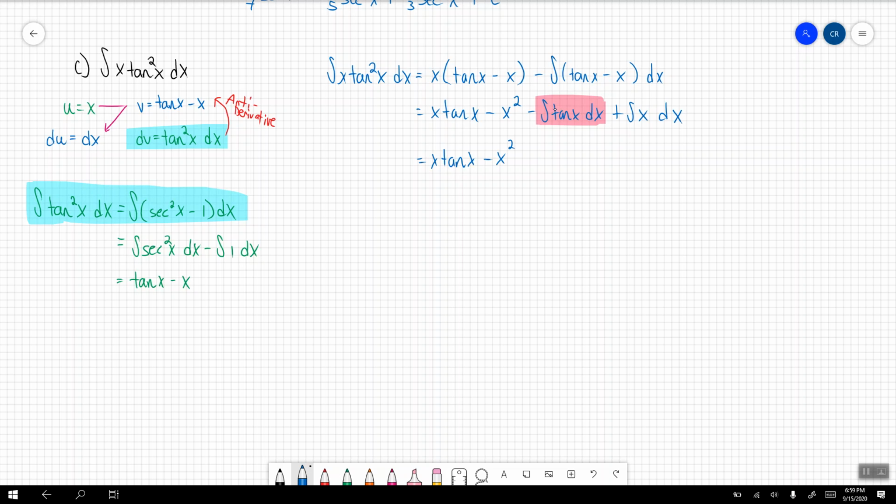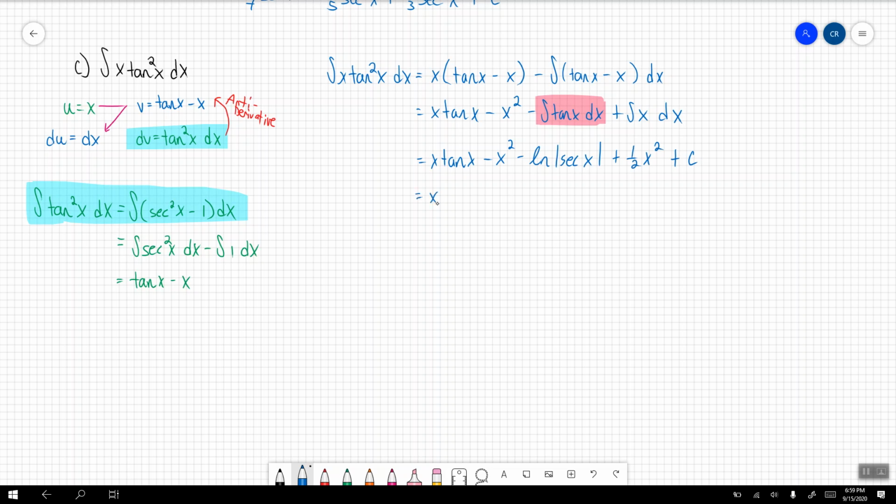This integral of tangent of x, remember, is the natural log of the absolute value of secant of x. There we are, so minus natural log of the absolute value of secant of x, pretty good. And then the integral of x is just going to be plus 1/2 x squared. All of these are indefinite integrals, so we need a plus c.